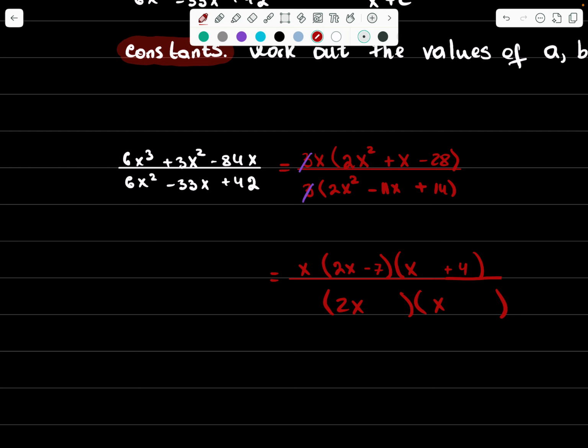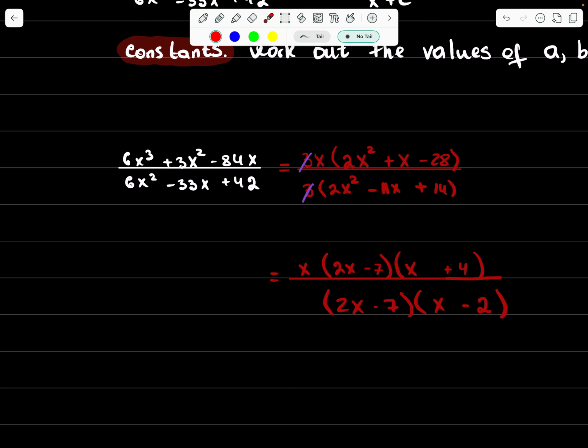And the next one, I know already there must be one of this over here. If this is plus 4, that's not going to work because something times 4 will not give us 14. That means this can be minus 7 over here, because it's going to be simplified, and I am sure there will be a minus 2 here.